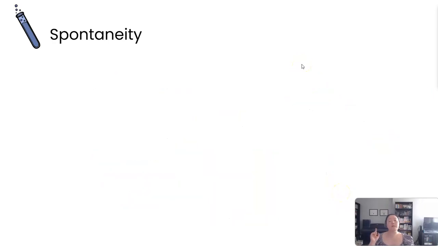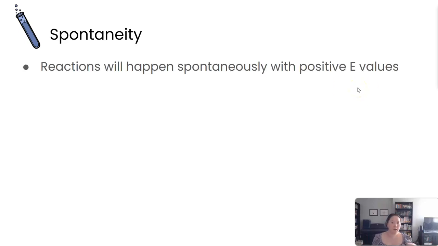So once again, for a spontaneous reaction to happen, we need overall E0 values to have a positive value. If it is not positive overall, then this reaction isn't going to happen on its own. You need to push in energy for that reaction to happen.